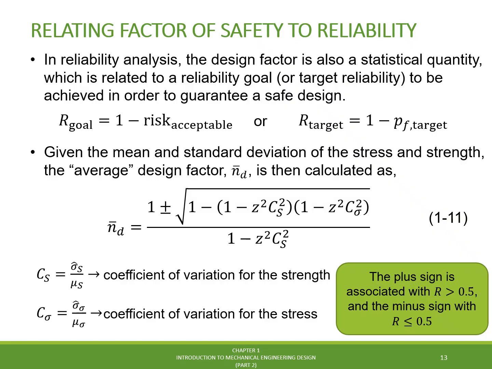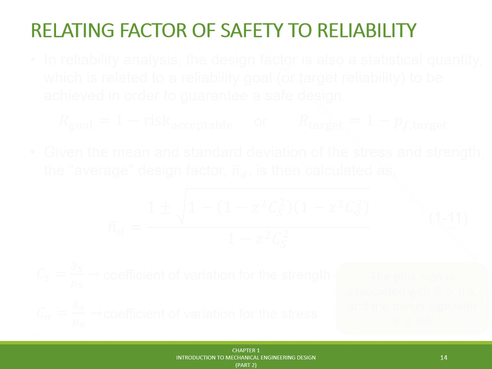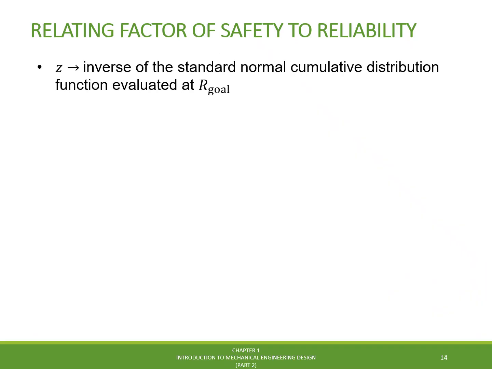0.5. And the parameter Z in equation 111 is called the inverse of the standard normal cumulative distribution function, evaluated at our goal. Fortunately, we can also calculate this parameter using Microsoft Excel.